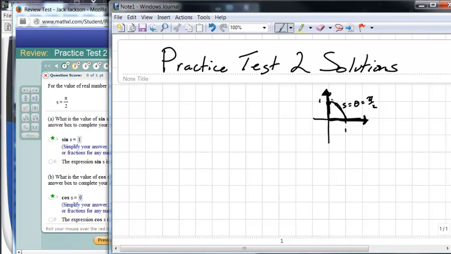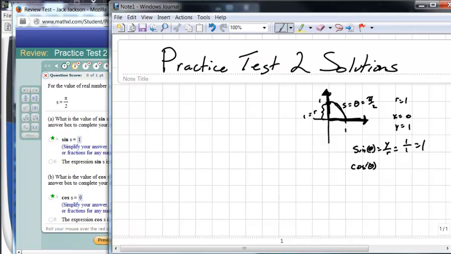We find any point on the terminal side and find an x, y, and r. So if we do a radius of 1, r equals 1, x is 0, y is 1. Sine of theta is y over r, which is 1 over 1, which is 1.